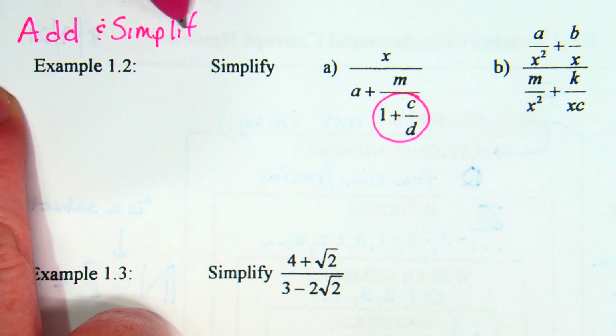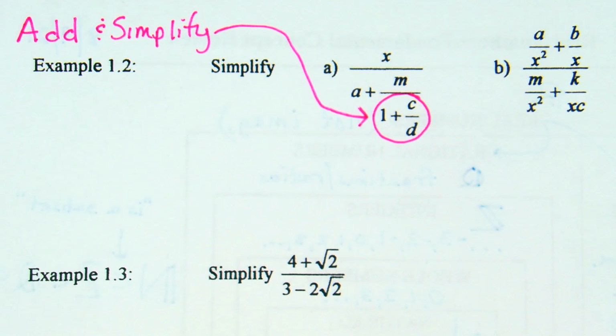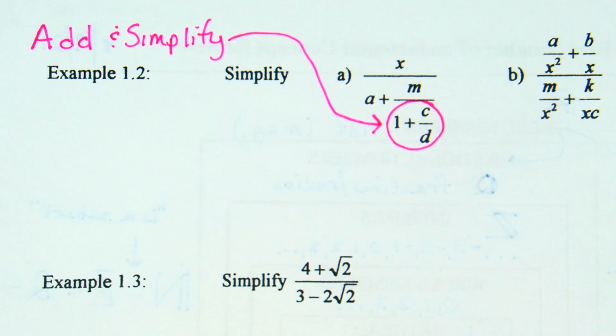Now the question becomes, how do we add 1 plus C over D? If you want to find a spot to put this in your notes, you can. What has to be true of 1? Well, it's 1 over 1. And so 1 over 1 could be D over D. Are you seeing this?